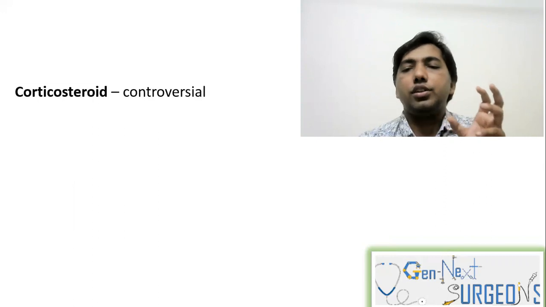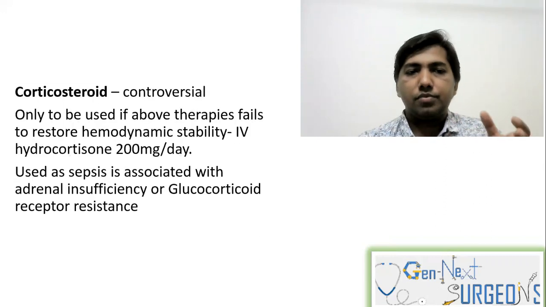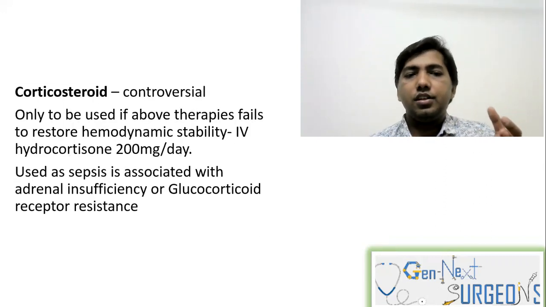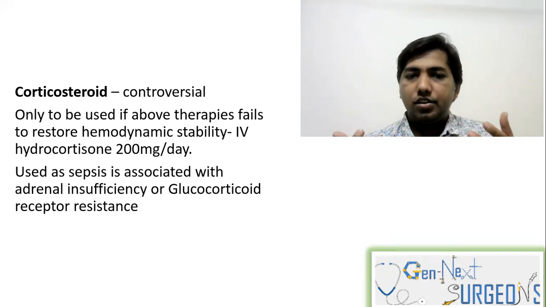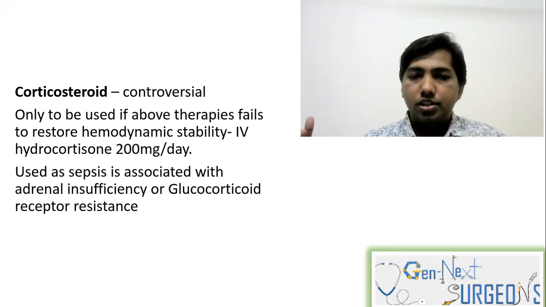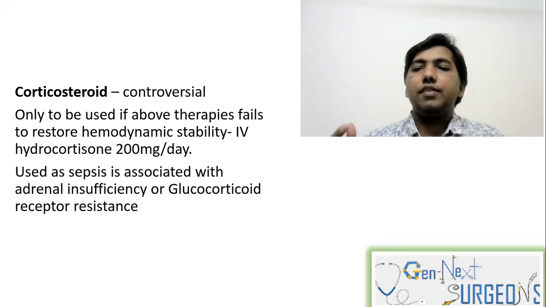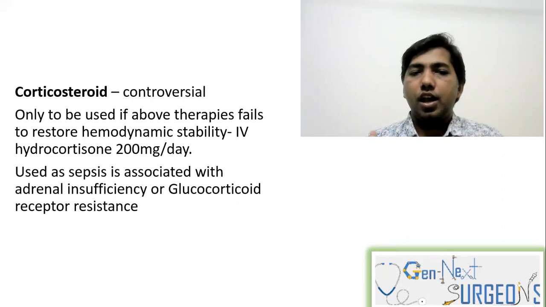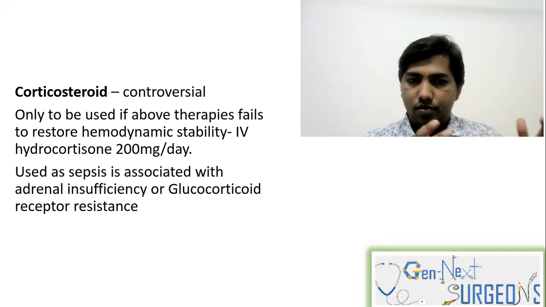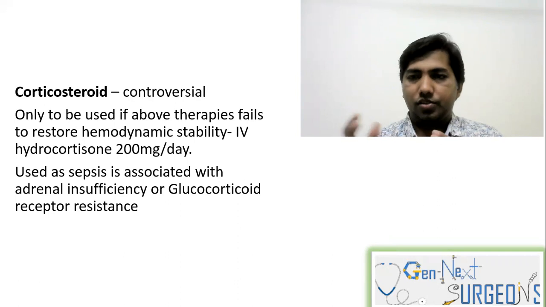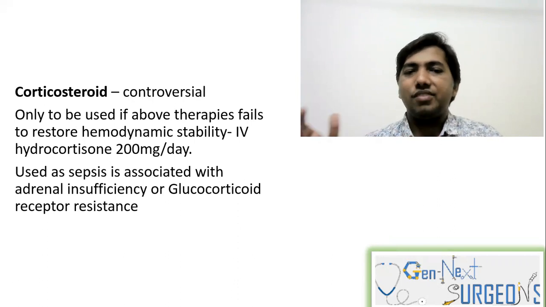Controversy is corticosteroid use. Some say that in sepsis, there is adrenal insufficiency or glucocorticoid receptor resistance. That's why you have to use corticosteroid. But study findings are not according to that knowledge. Actually, practical and theory differ.